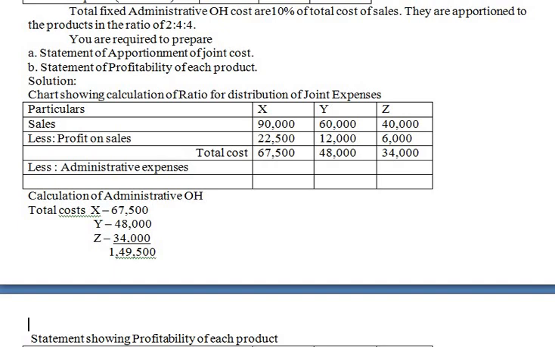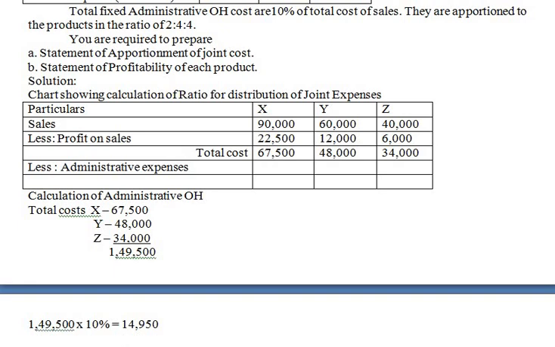So 1,49,500 into 10% is 14,950. Hope everybody is understanding this.